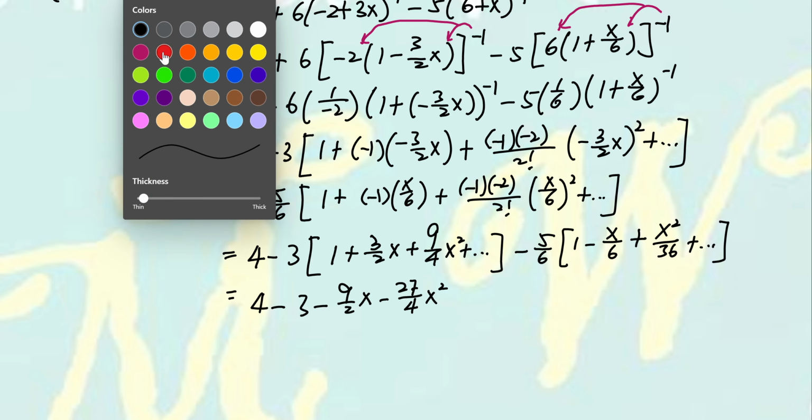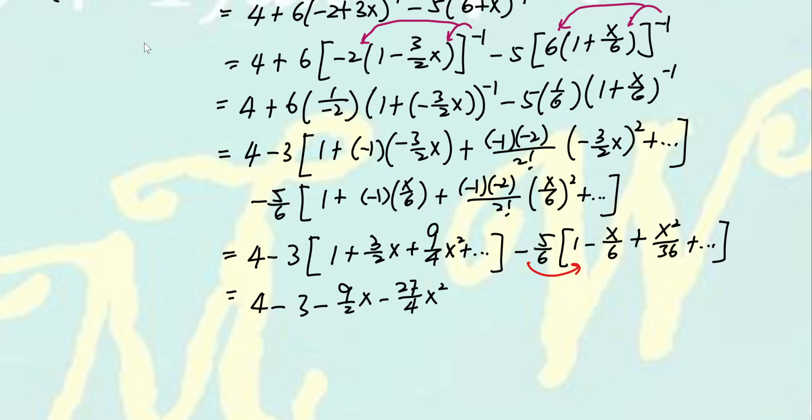Okay, same goes to the other one, times the minus 5 over 6 into the bracket. So you will be getting minus 5 over 6 plus 5 over 36x minus 5 over 216x squared. So at last, simplify. 4 minus 3 minus 5 over 6, that is 1 over 6.